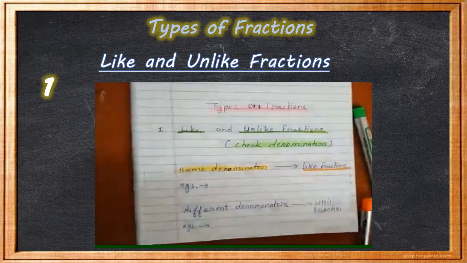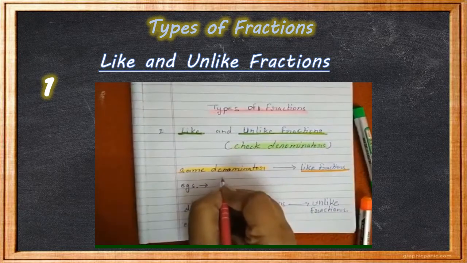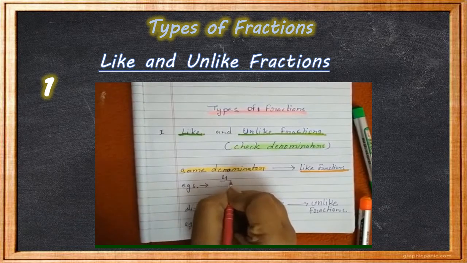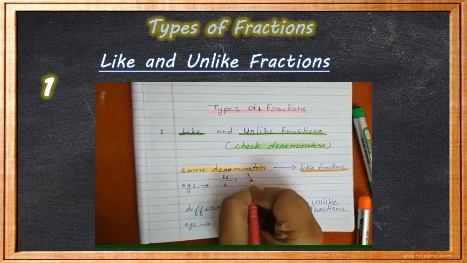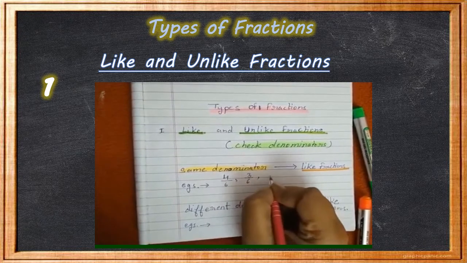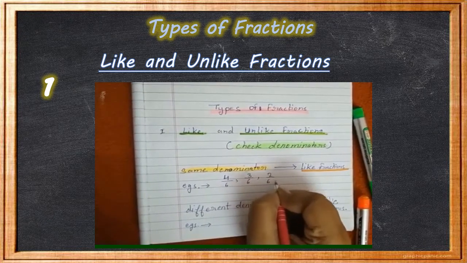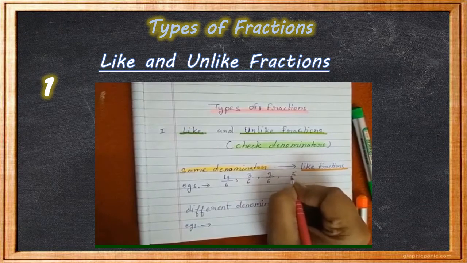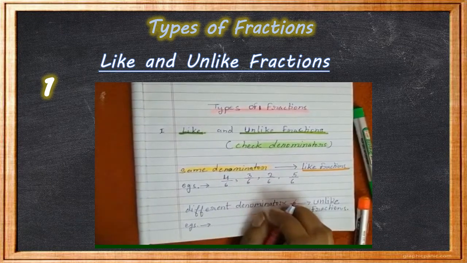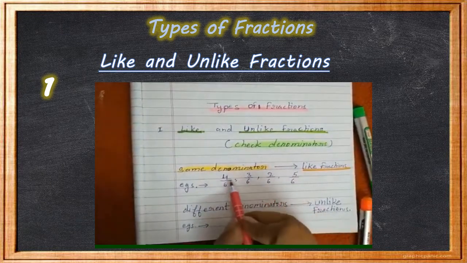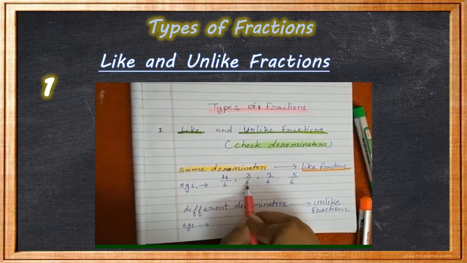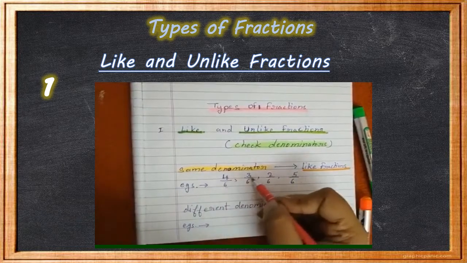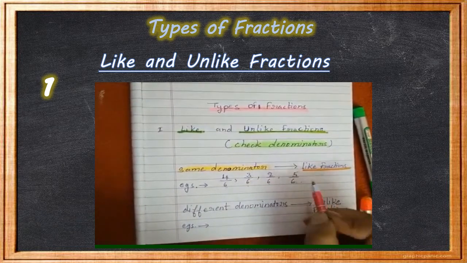For example, 4 upon 6, 3 upon 6, 2 upon 6, 5 upon 6. You can see here, the numerator is changing, 4, 3, 2, 5. But the denominator is constant, 6, 6, 6, 6. 4 by 6, 3 by 6, 2 by 6 and 5 by 6.